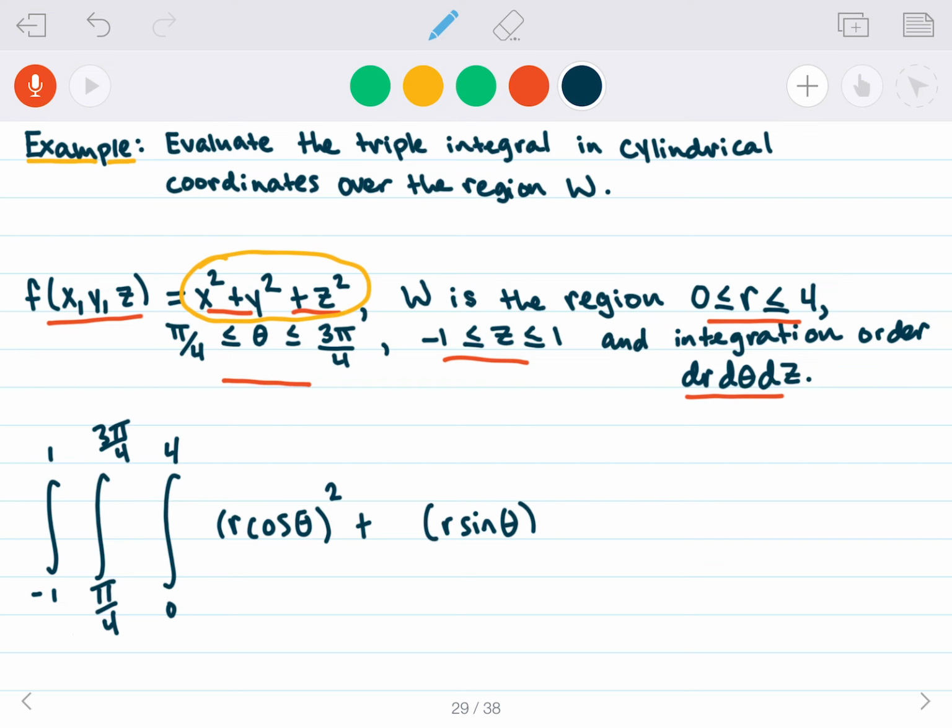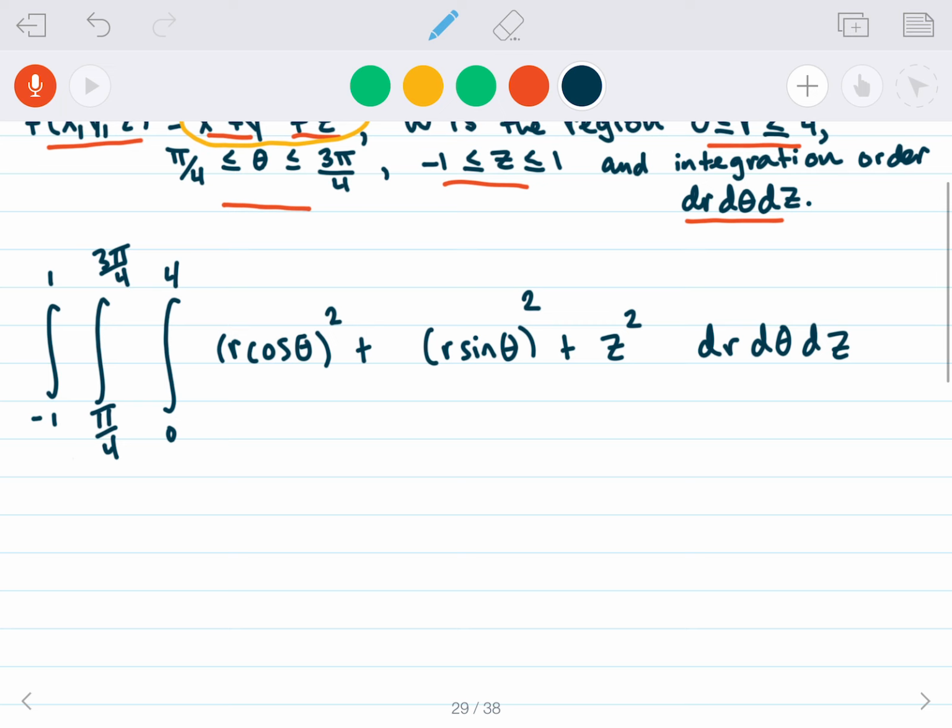And unlike polar, we're just leaving z alone because we're working in cylindrical coordinates. And I'm going dr, d theta, dz. It's my order of integration. So let's go ahead and clean this up a little bit. Squaring these things, I get r squared. I get r squared cosine squared.